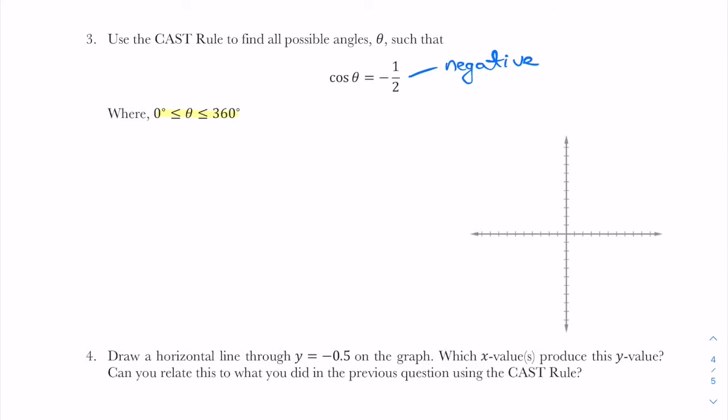So as before, let's begin by labeling the graph. So which of the two special triangles contain the ratio of 1 over 2? Once again, it's our 30, 60, 90 triangle.